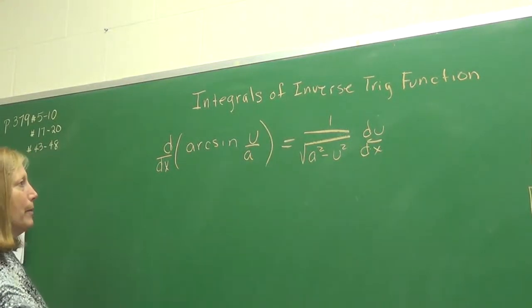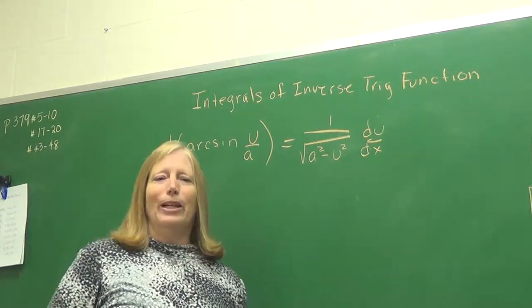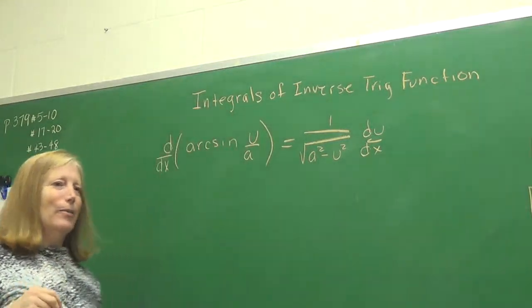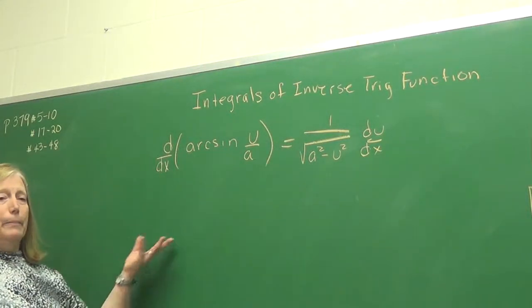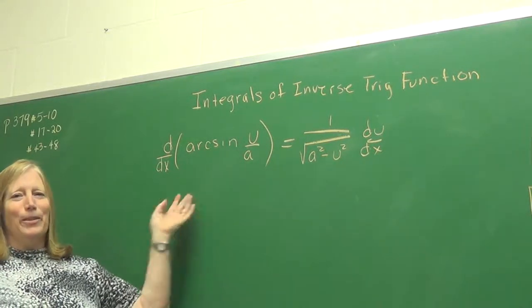So guess what I'm going to do to find the integral? What do I always do when I switch from derivative land to integral land? Do you know? Aaron, what do I do to develop it? Since I need an integral, what am I going to do, do you suppose?